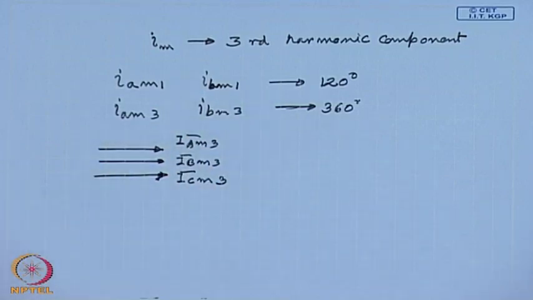It is something like the 0 sequence component. Since they do not add up to 0, it is necessary that one of the windings provide a path for this third harmonic component to flow, so that the flux and the induced voltages are almost sinusoidal.